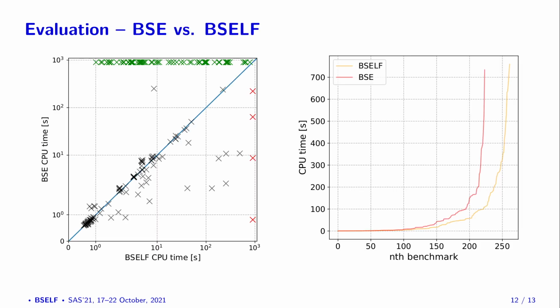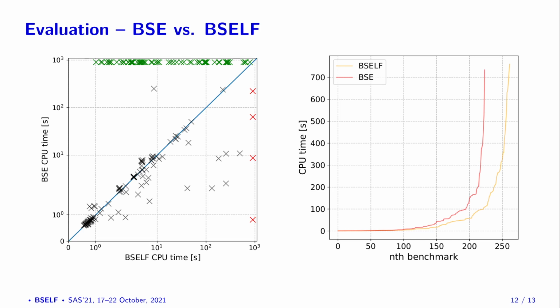The results that compare BSELF to backward symbolic execution are as one would expect. On many benchmarks, backward symbolic execution is faster than BSELF, which is demonstrated by these black crosses in the scatter plot. Four benchmarks were solved only by backward symbolic execution. Those are the red crosses.